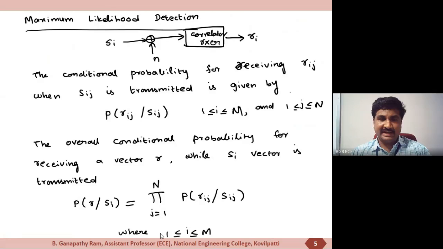So we can receive any vector R during the transmission of the ith vector, represented by the product of all the probabilities, since the probability of receiving Rij when Sij is given is independent of all other orthonormal basis functions.